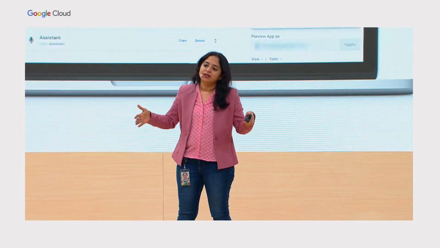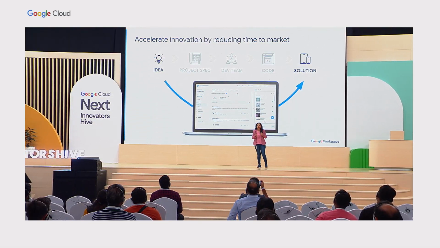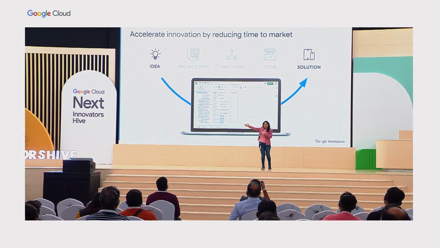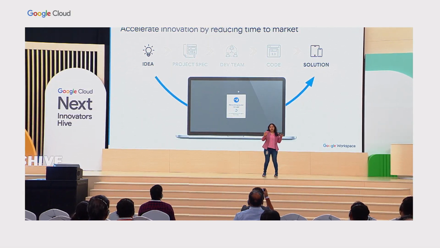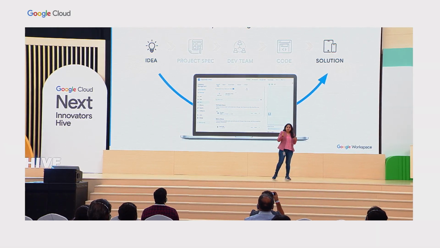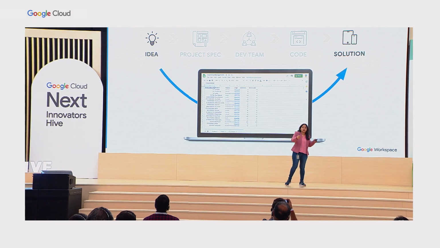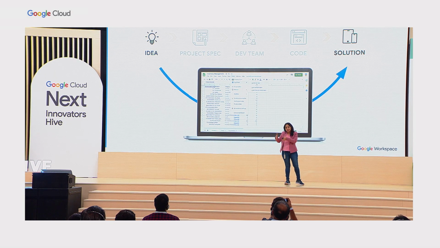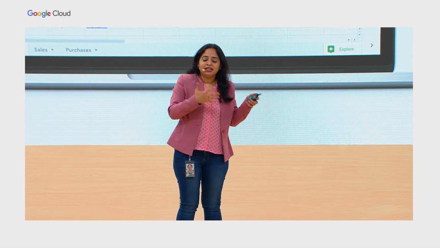In this meantime, that is where AppSheet helps in reducing the time for building the application, right from an idea to a final solution, because you are no longer depending on multiple steps, code reviews. I've seen organizations where just the security code reviews and penetration testing all take so much time, which is all avoided because the entire code base, the system, the servers on which all of this is running are managed by Google on AppSheet as a platform.